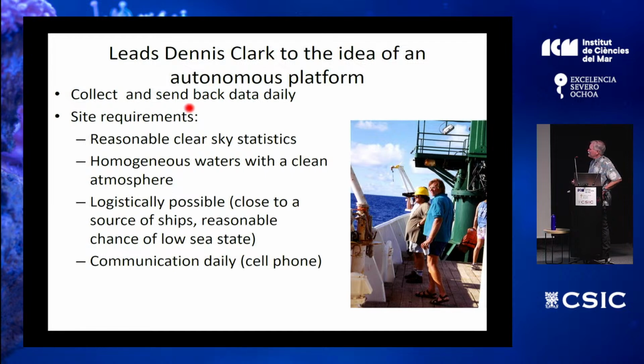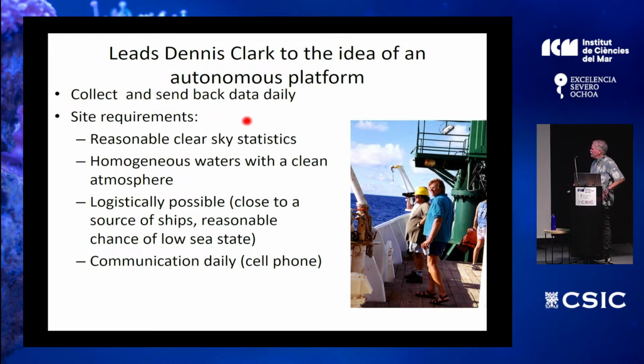The requirements basically is you want to be able to collect and send the data back daily in some way. So for us, that means we have a cell phone link so we can talk to the instrument all the time and get the data back. You need someplace with clear sky because ocean color doesn't work without clear sky.